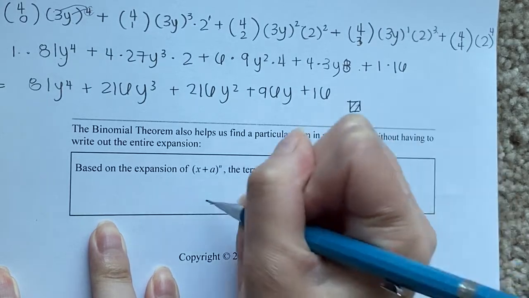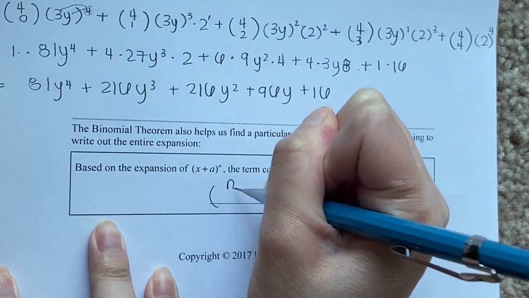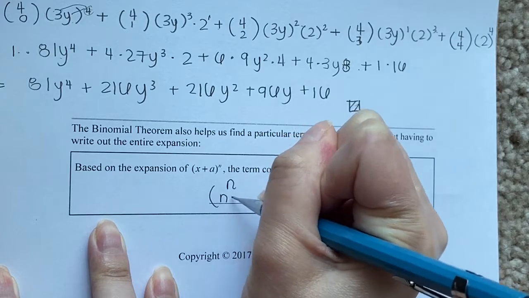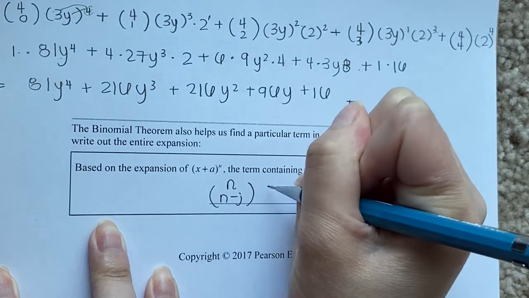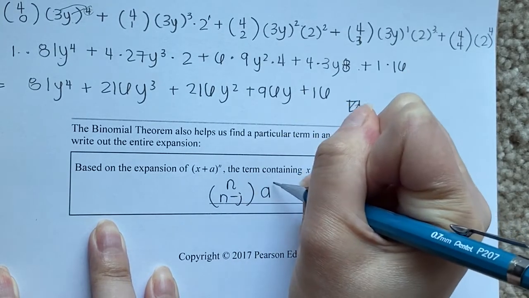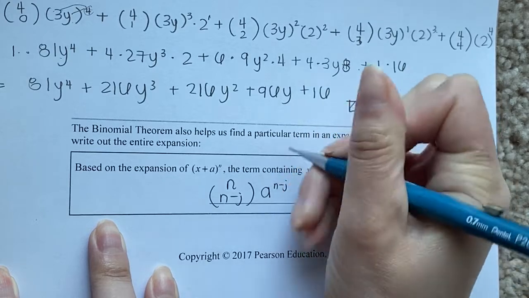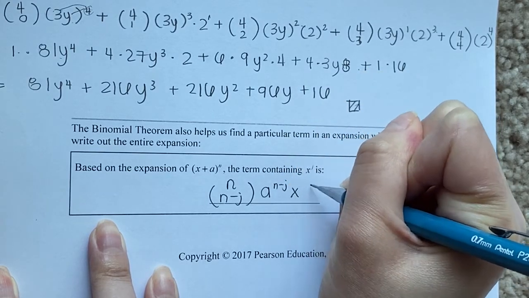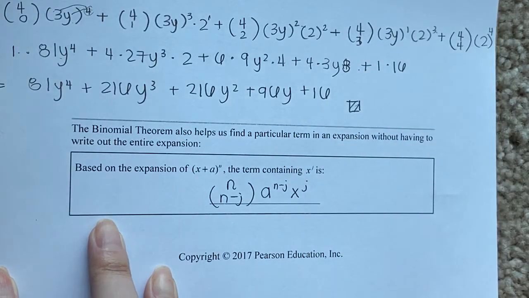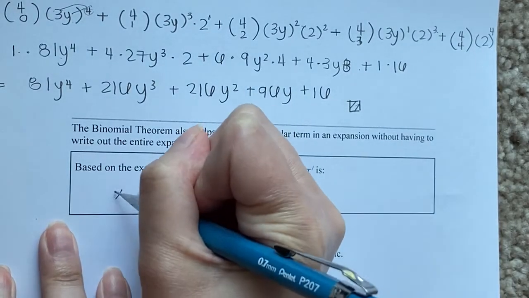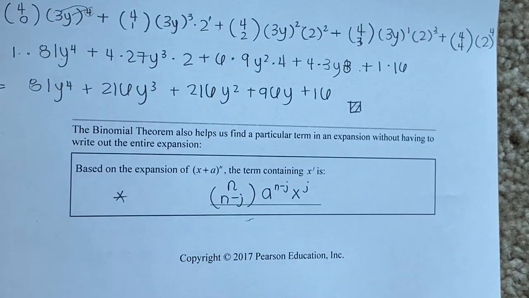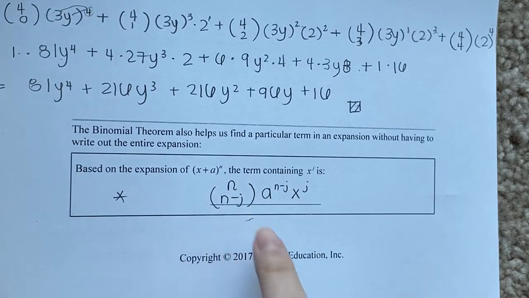It's n minus j combinations from n, times a to the power of n minus j, times x to the power of j. This is another very important formula, I would put a star there. Remember, this is combinations.